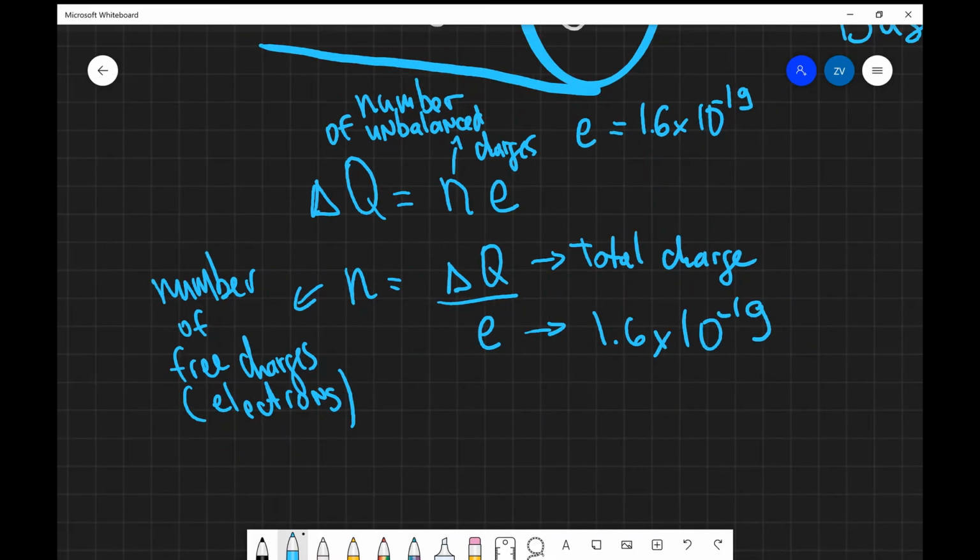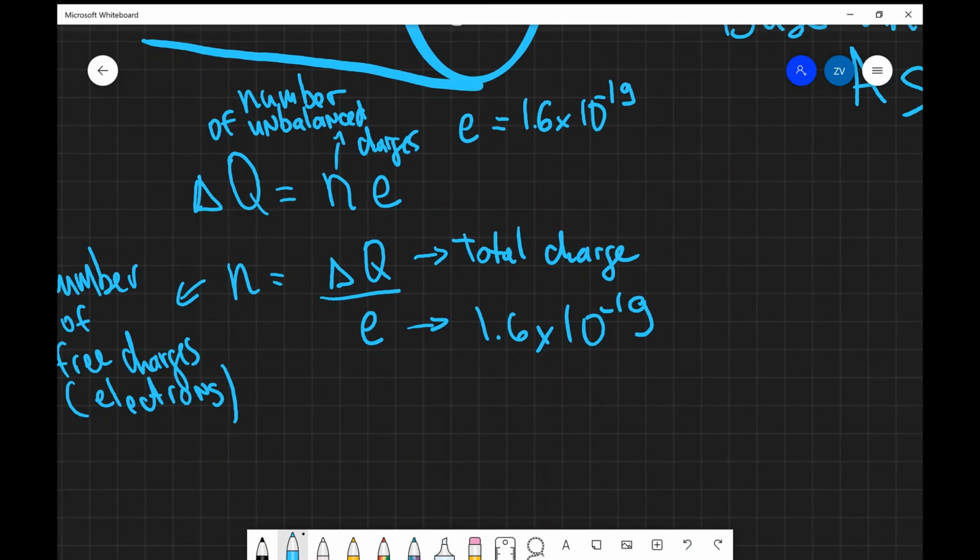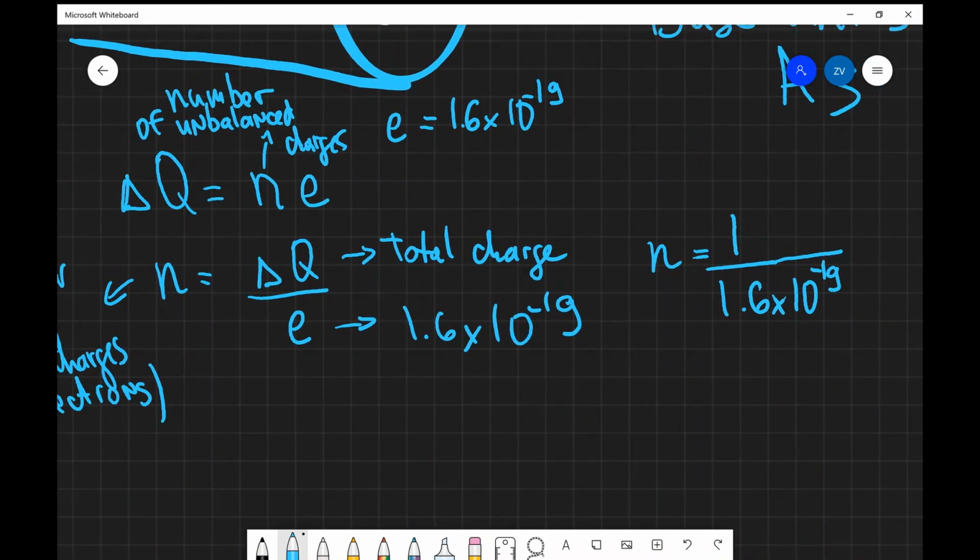For instance, let's say that I had a charge of 1 coulomb. My number of electrons will be 1 divided by 1.6 times 10 to the power of minus 19. Whenever you're calculating this with your scientific calculator, remember to either use the fraction function on your calculator or just use brackets, because you don't want the calculator to think that this 10 to the power of minus 19 is up here in the fraction.